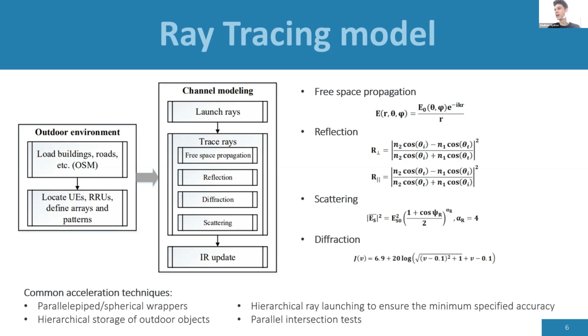From this condition, we have chosen the number of rays which we have to trace, and at each moment we update each ray with several ones. Also, we can use parallel intersection tests, not to increase accuracy, but to decrease the time of modeling.